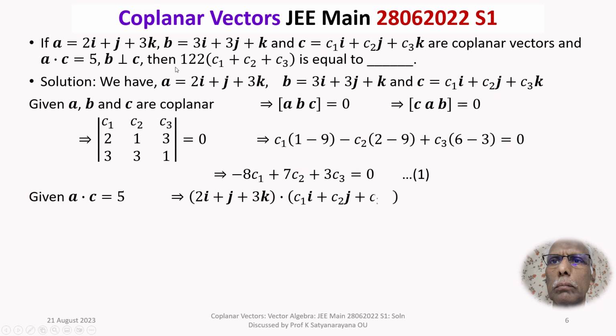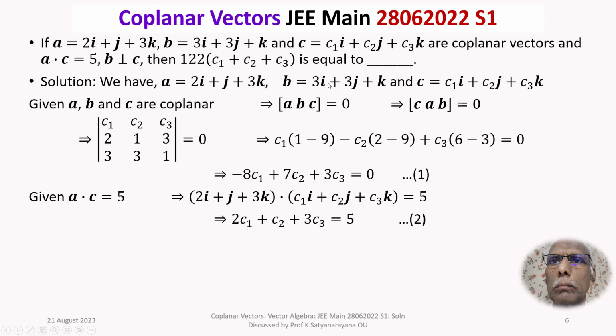Given A dot C is equal to 5, write down vector A dot vector C and equate the dot product to 5. Taking the dot product, it is 2c1 plus c2 plus 3c3 is equal to 5. That is equation 2.